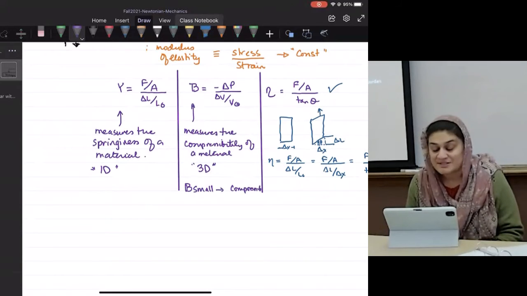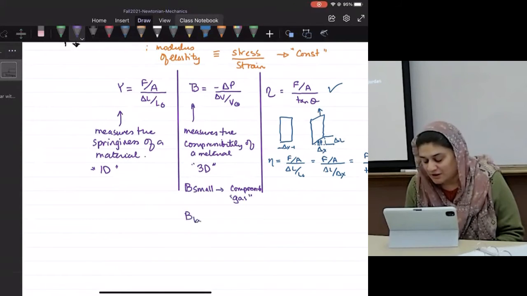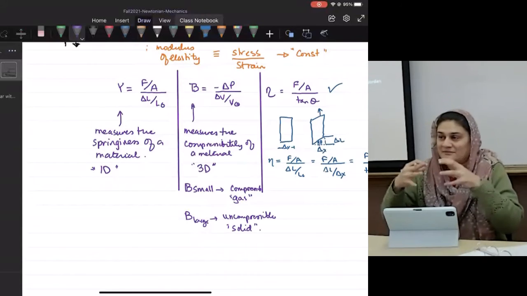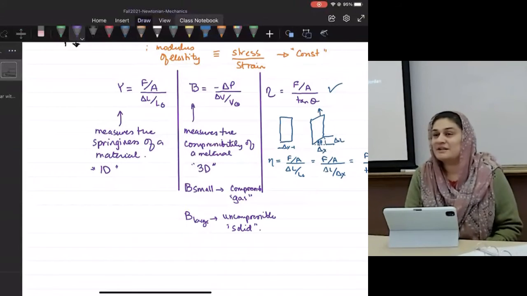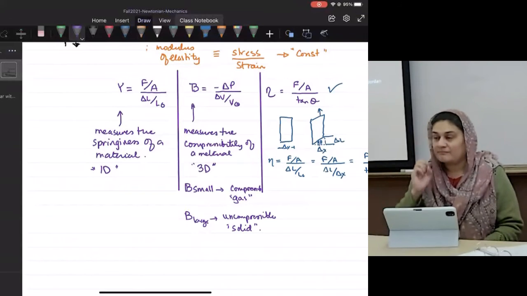For example, a gas. When B is large, the object is uncompressible. Is that a word? Yeah. For example, a solid. It can't be compressed, right? I mean, I'll need a lot of force to compress it. It'll just stay there. But with a gas, you can easily compress it.